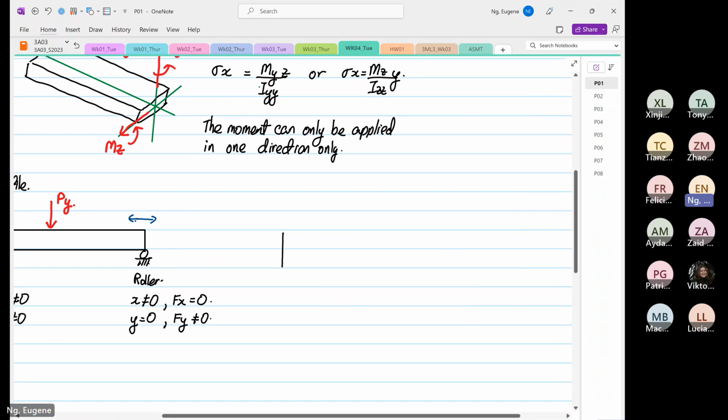So this is our y, this is our z. This will be rotation about x. This is our cross section view.